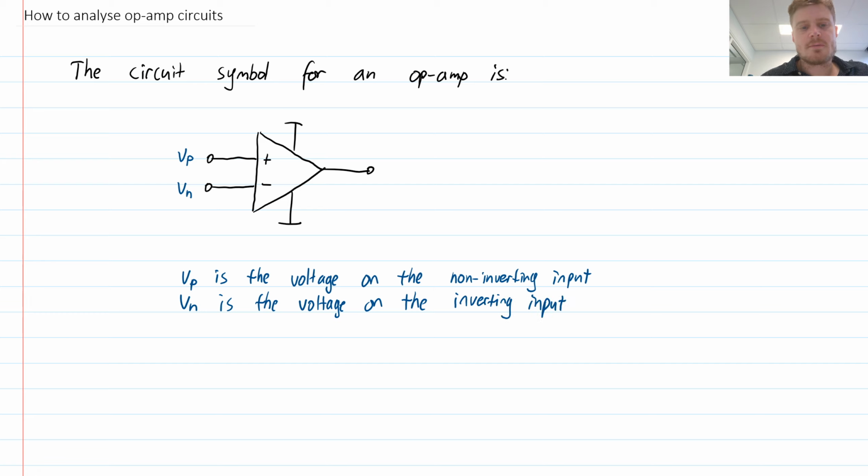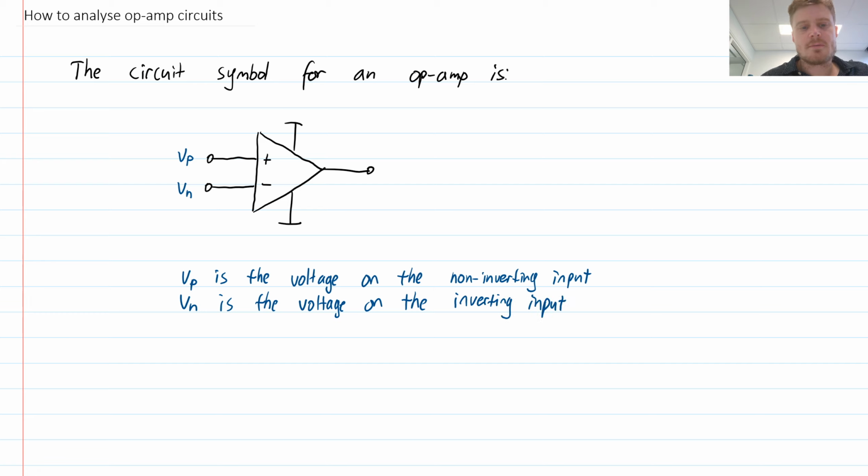There's a positive and a negative supply rail. So we will often use a symbol VCC here to indicate the voltage, which is the supply for our entire circuit. And op-amps often also use a negative voltage, which would usually be the same, so symmetric. So we have plus and minus VCC. So VCC is the power supply voltage.